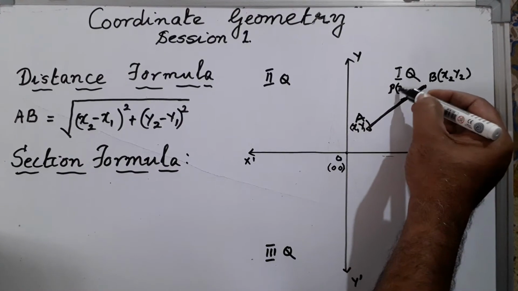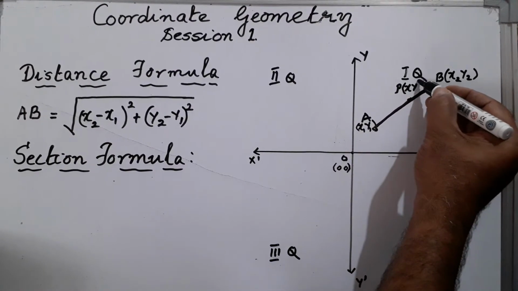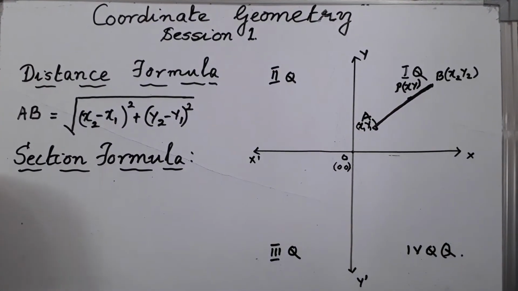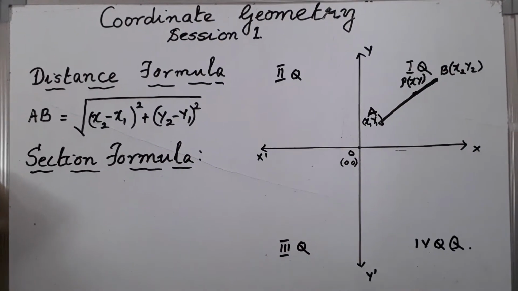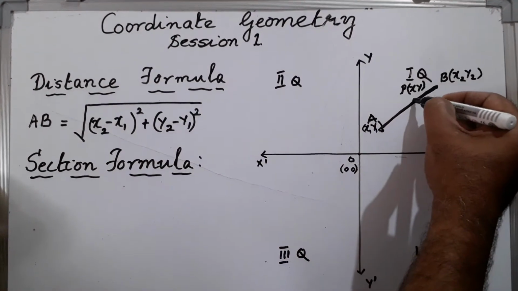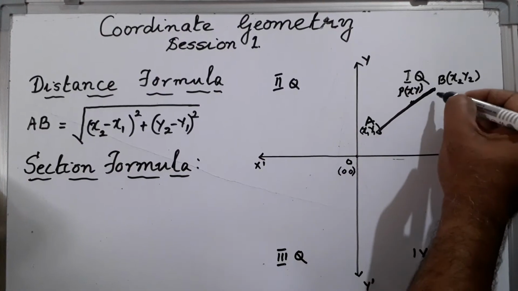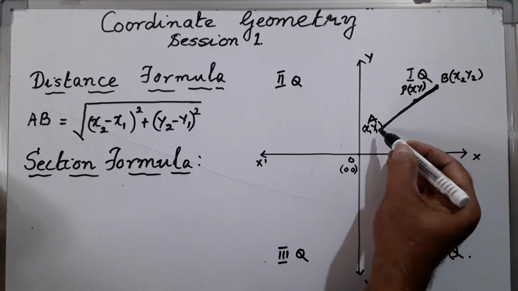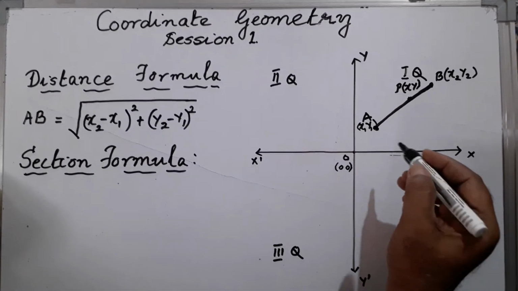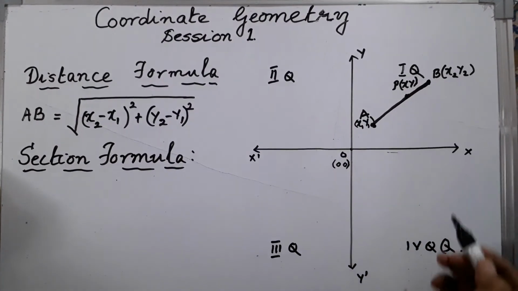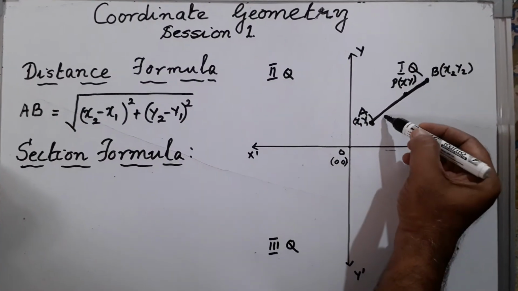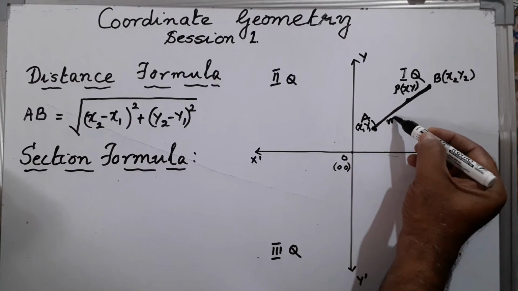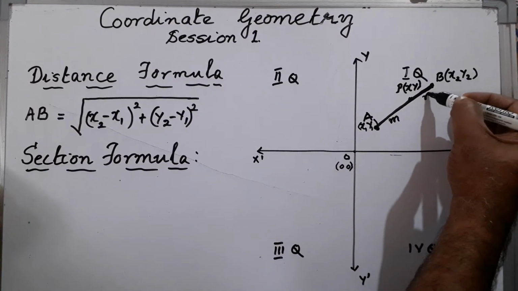It may be in between A and B, or it may lie outside A and B also. This point P divides AB into 2 parts, AP and PB, and let this ratio be m is to n.